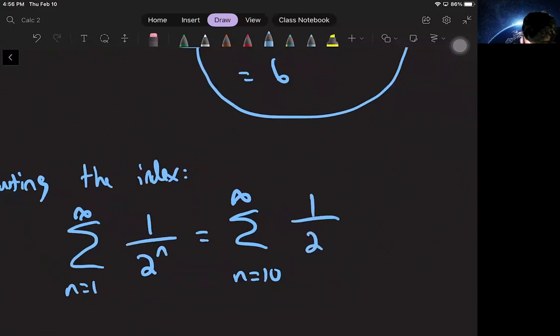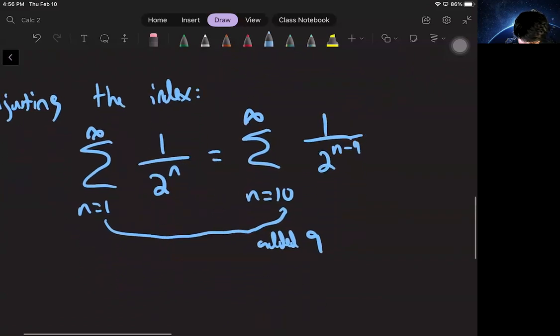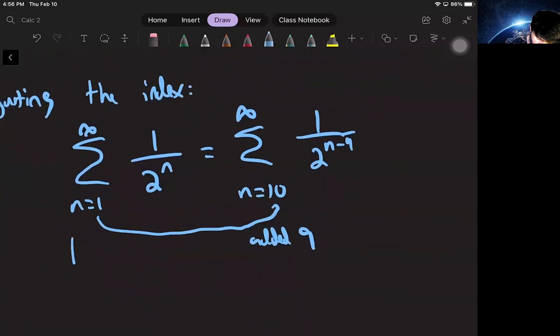So basically because I added 9, if I still want to start at the same place, I need to subtract 9, right? So now these still start at the same place because here, when I plug in 1, I get 1 over 2 to the 1, which is 1 over 2.